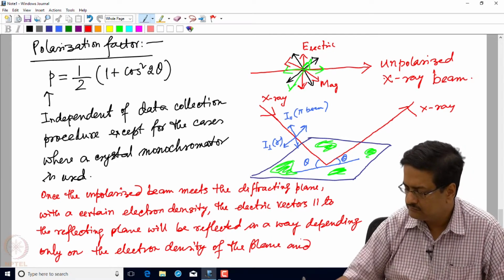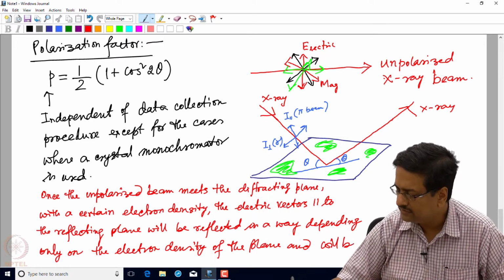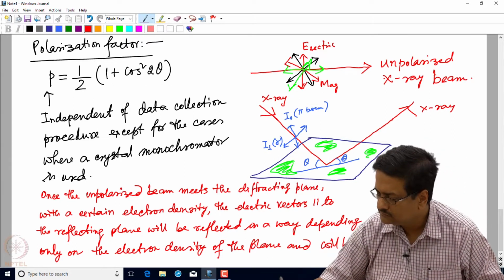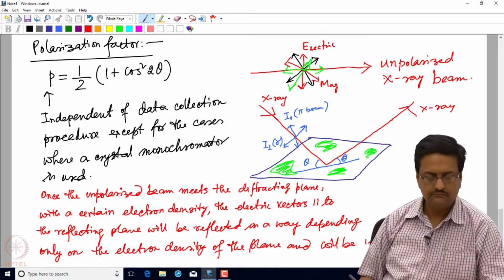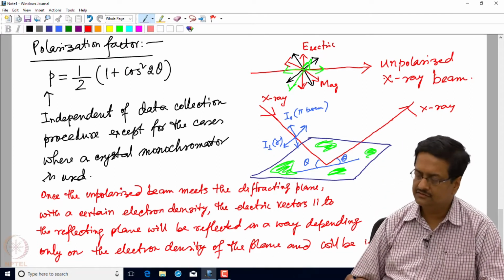and will be independent of theta, that is the angle of incidence.